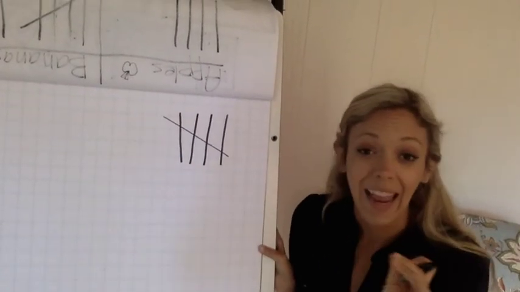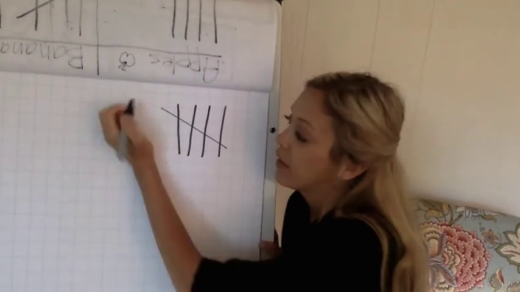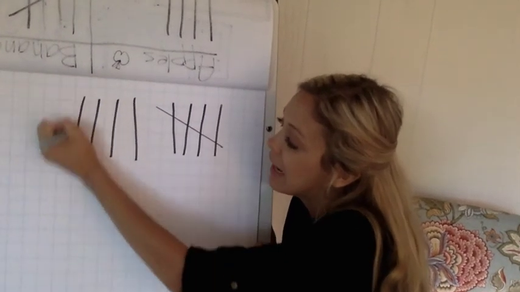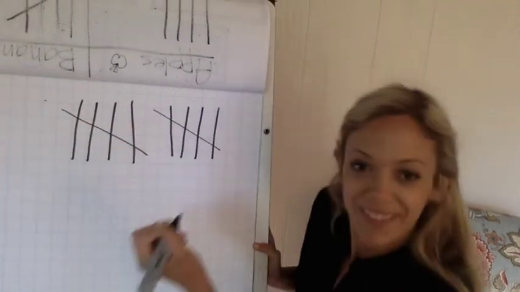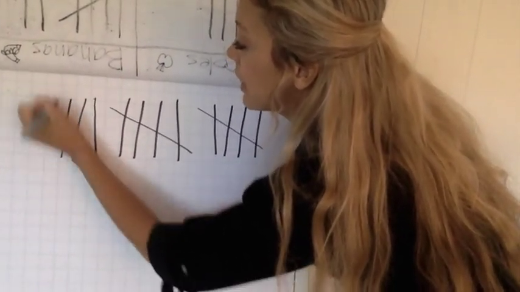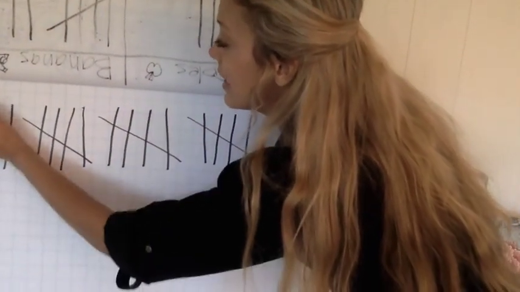Let's go on to make 18 tally marks. 5, 6, 7, 8, 9, 10, 11, 12, 13, 14, 15, 16, 17, 18.